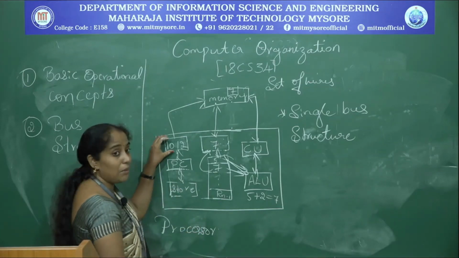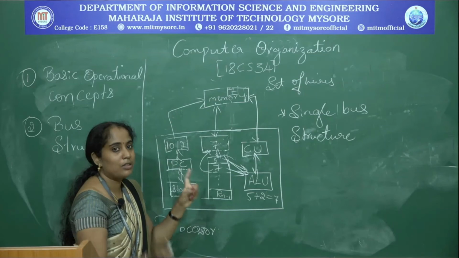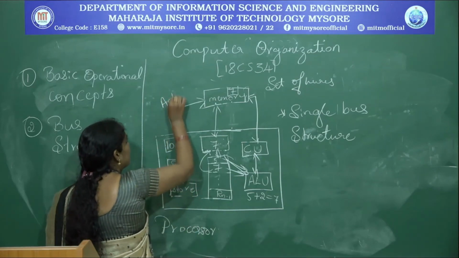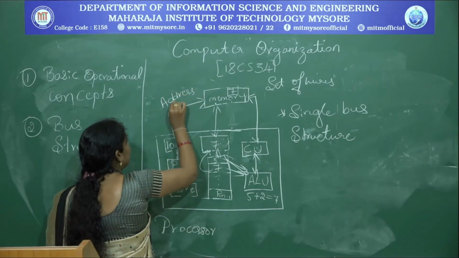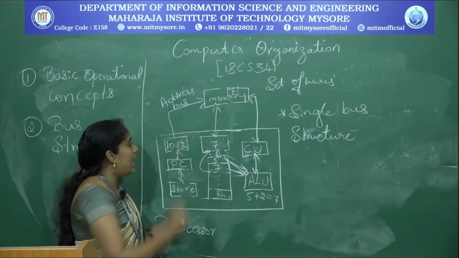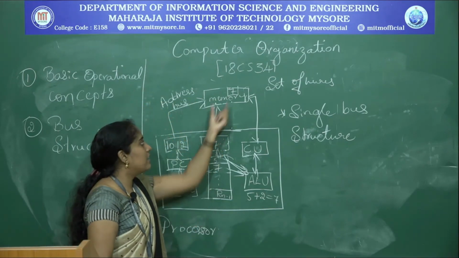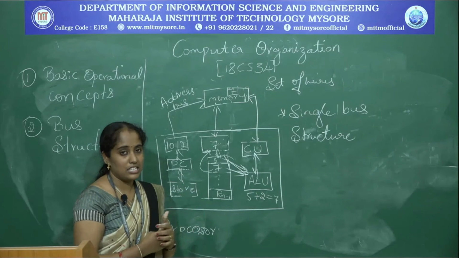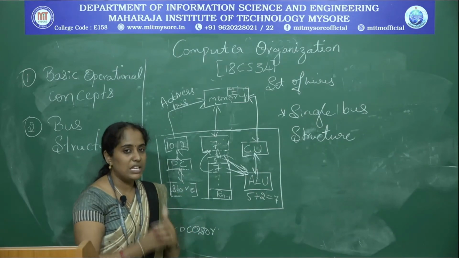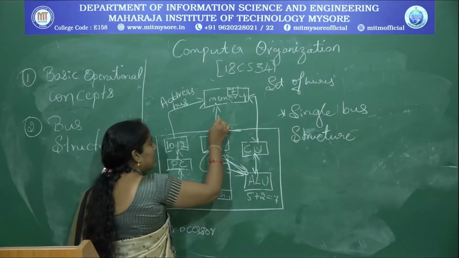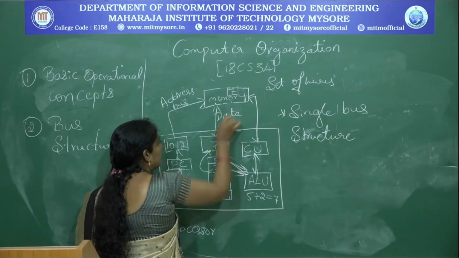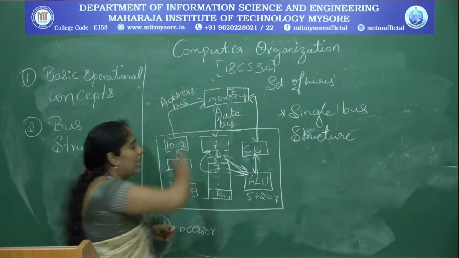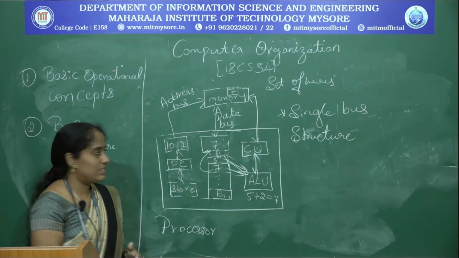Here MAR and memory will communicate through the address bus. MDR and your memory will communicate with each other by using which bus? It is the data bus. And the last one is the control bus, right.